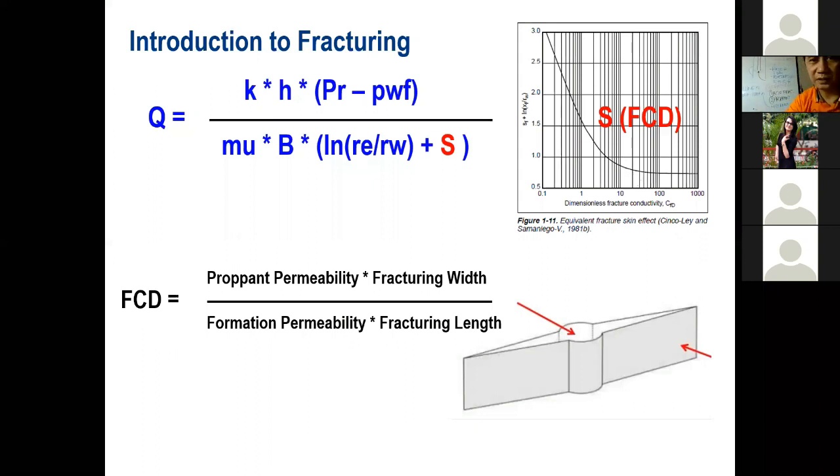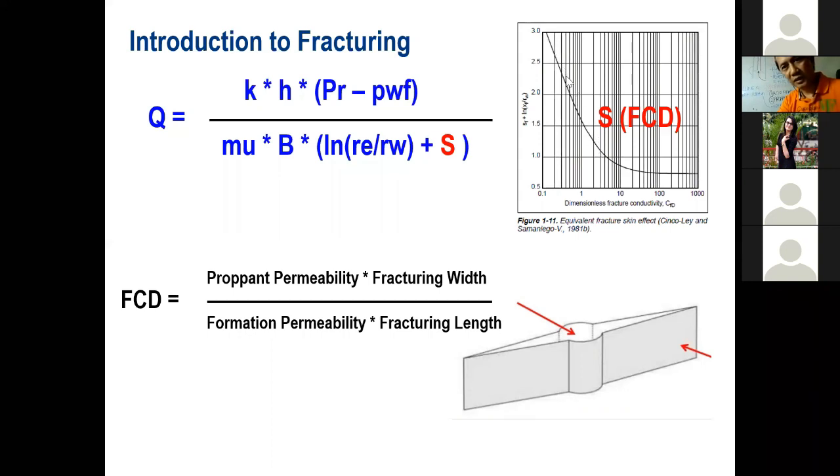But look at the plot here, guys. The higher the FCD, the more reduction in skin. So we want a higher FCD, so your skin goes low and perhaps could reach a negative number. Now the biggest drop is coming from the FCD of 0.2 down to FCD around 2.